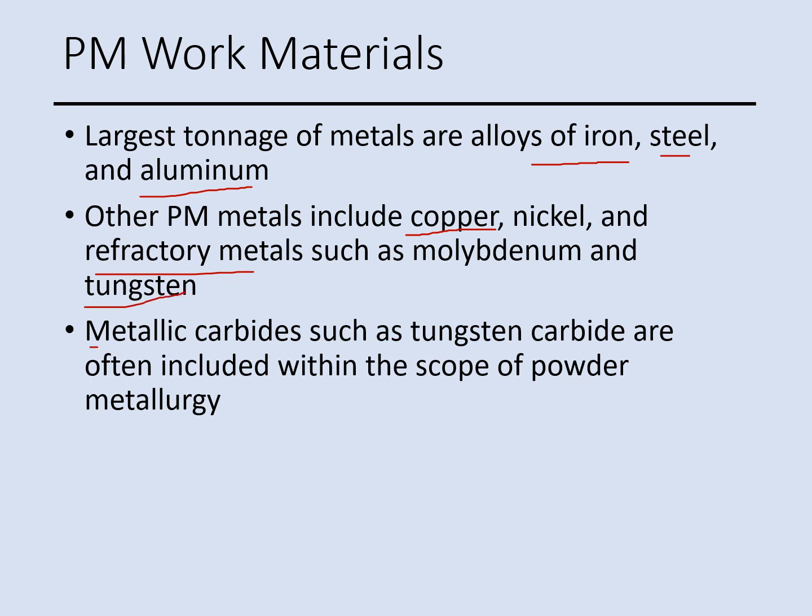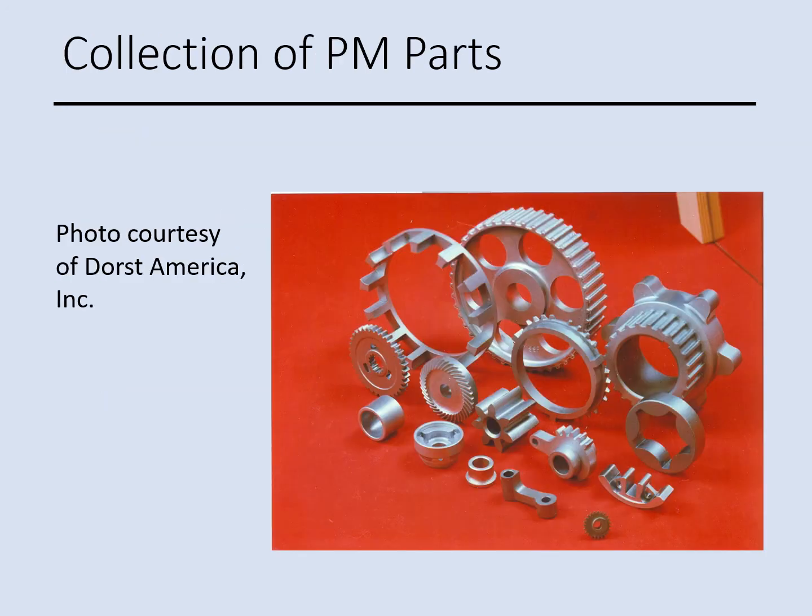Also, we can use metallic carbides like tungsten carbide in the PM process. This picture shows some of the powder metallurgy parts. As you see, most of them have a simple shape.